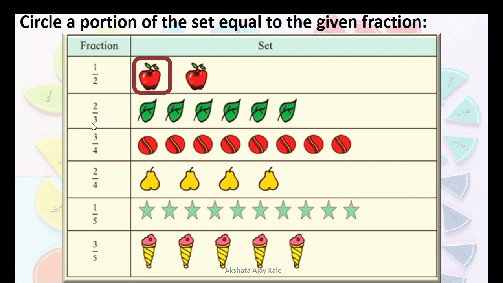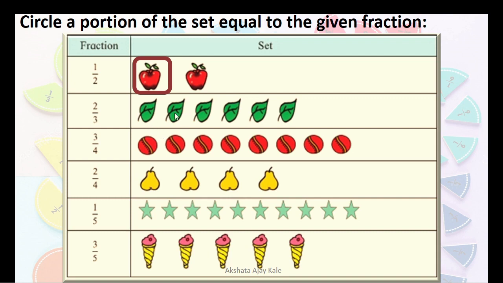Here they ask us to do 2 upon 3. We have to show the fraction 2 upon 3 here. It means we have to make sets of 3. This is one set, this is the second set, this is the third set. See dear children, out of 3 sets, you have to make 2 leaves as one set.